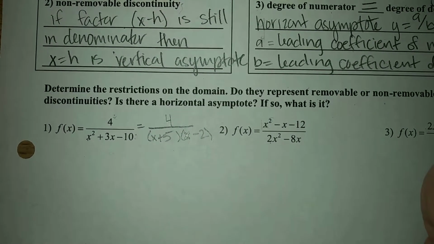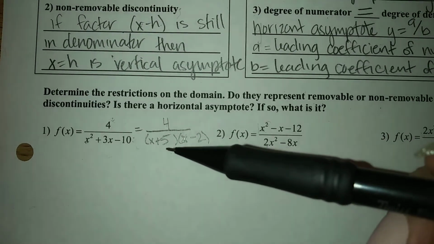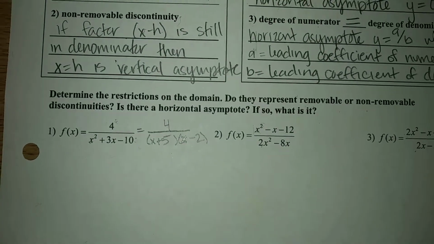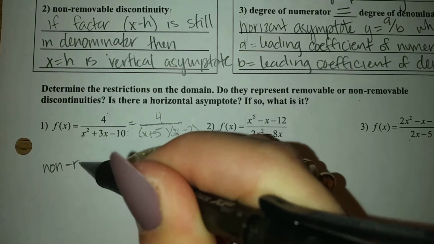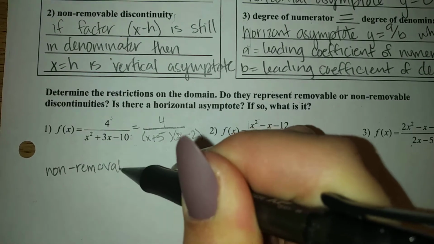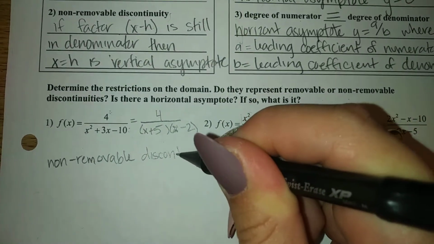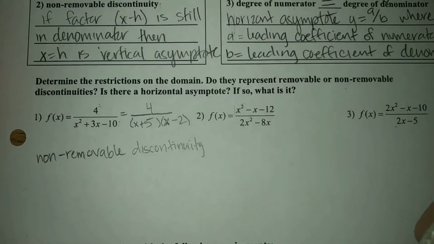So we know that we can't get rid of x minus 2 or x plus 5 because all we have up there is 4. So we're going to say that it is non-removable discontinuity. Big college words.